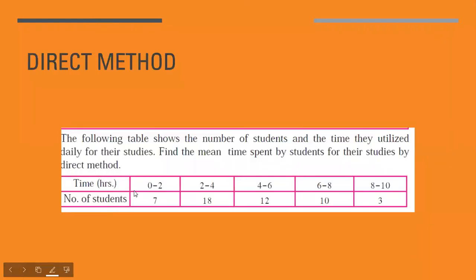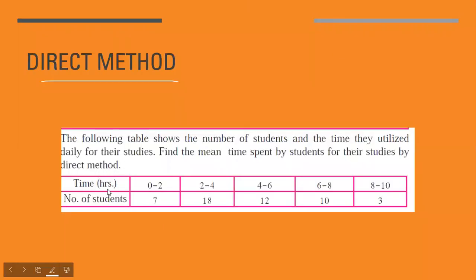Means the data given in the category. This can vary, like here it is time, but this can vary always. I am giving a general example. Here you will write precisely time in hours if you are solving.